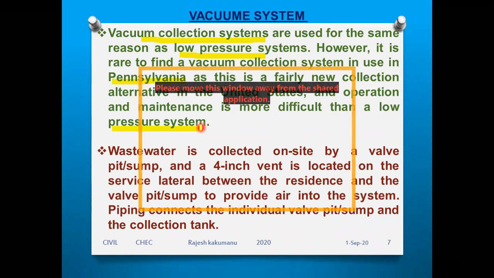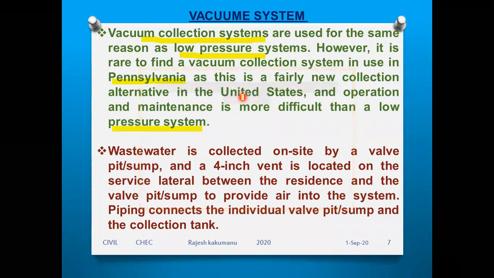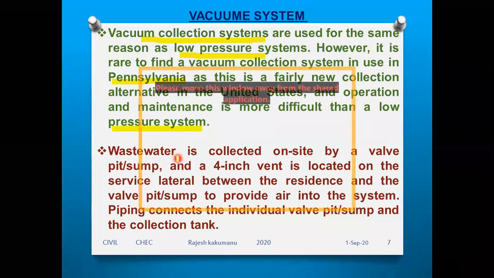It is generally equal to the low pressure system, but in some places like the United States, the operation and maintenance is more difficult than the low pressure system. So the wastewater is collected on site by a valve pit sump, and a 4 inch vent is located on the service lateral between the residences.